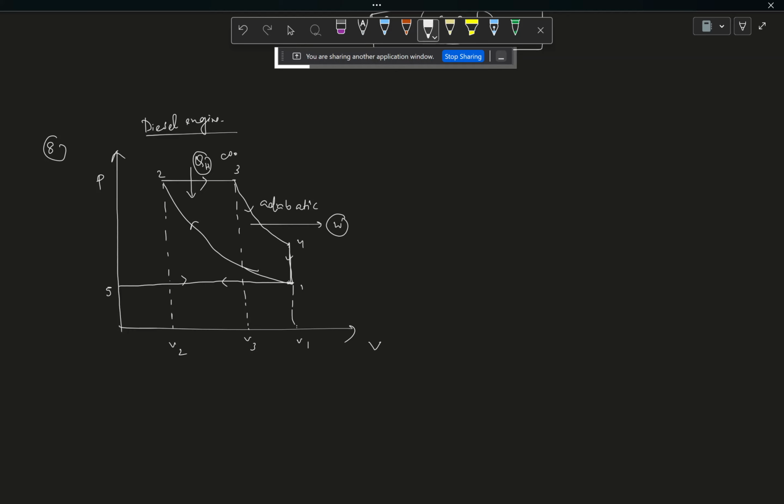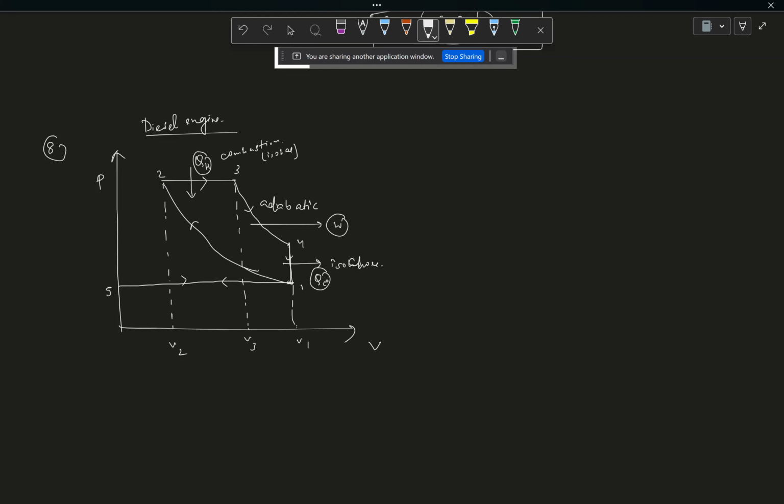After the work output, the excess heat has to be dumped into the cold body. So 4 to 1 is basically that. This is the isochoric process, where the volume is constant, and the heat QC is released into the cold body.